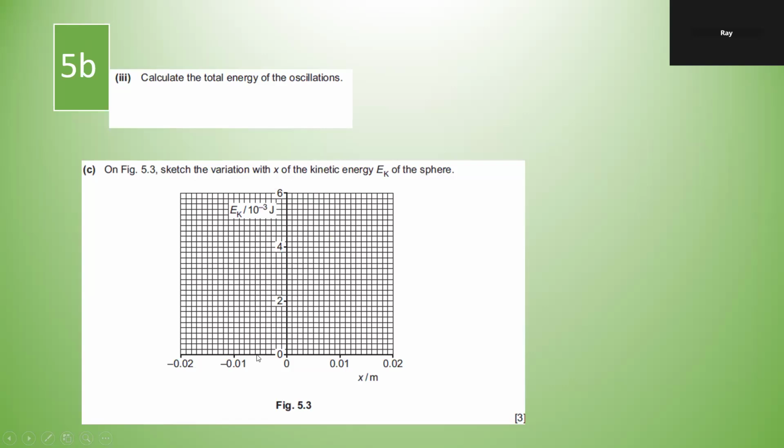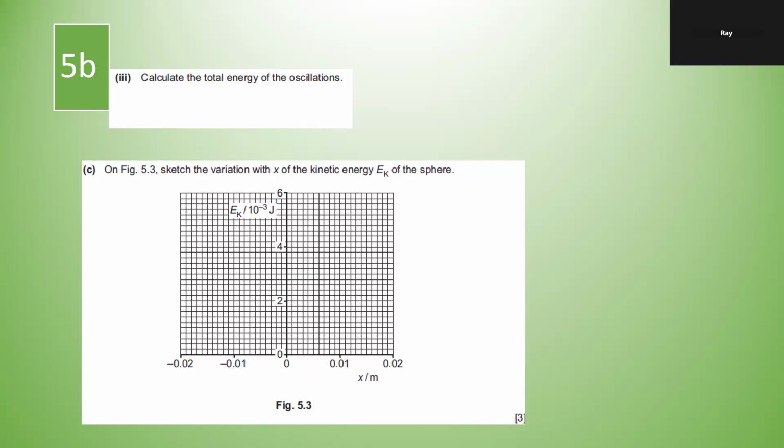Calculate the total energy of the oscillations. Okay. What formula to use? Half m omega square x naught square.